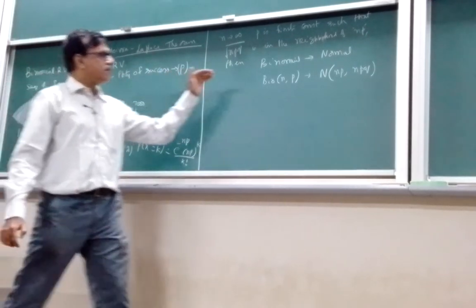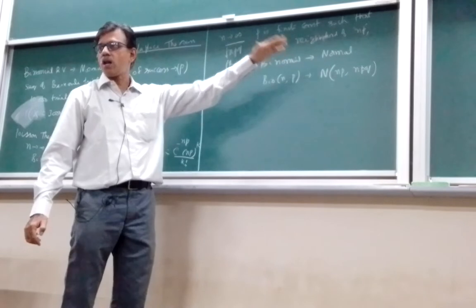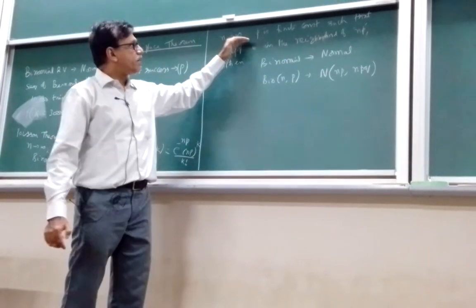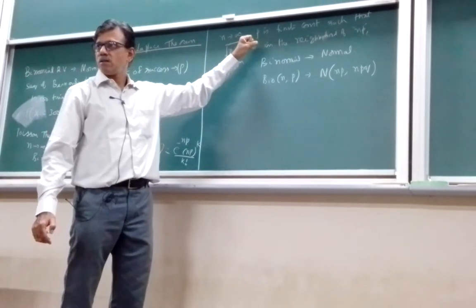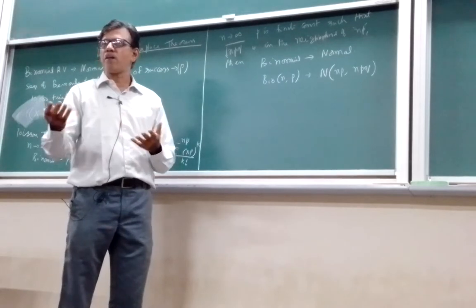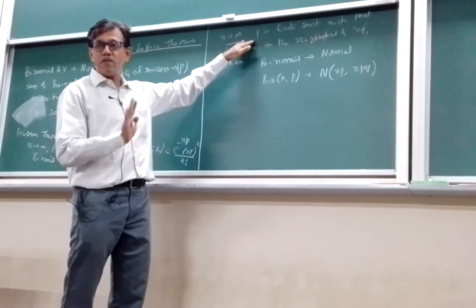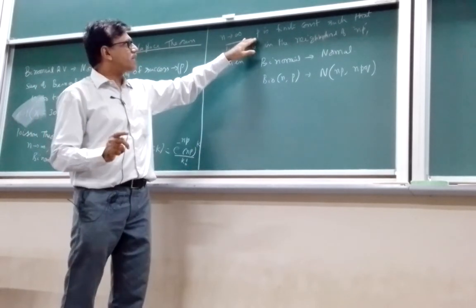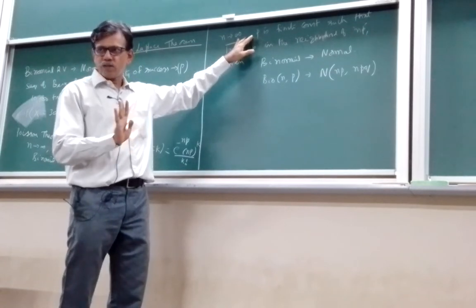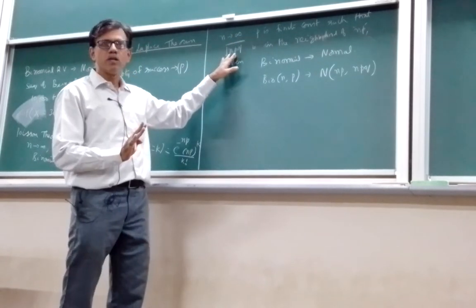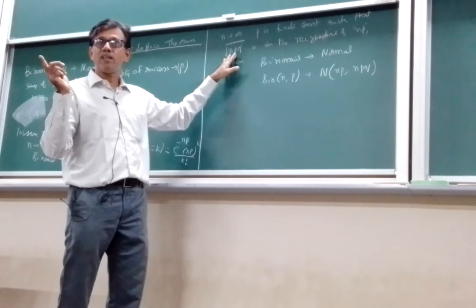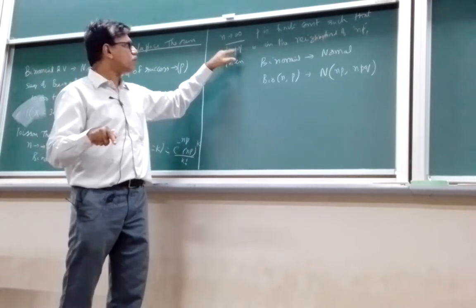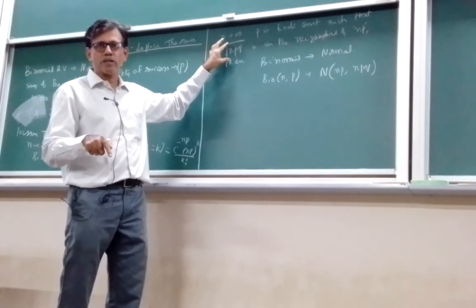Here in this case, p should not be very small or very large. P should be a finite constant, maybe 0.3, 0.4, 0.5, whatever it is, but it should not be very small or very large. If it is very near to 1, then q will become small, then this will not be finite. It will also tend to become 0.